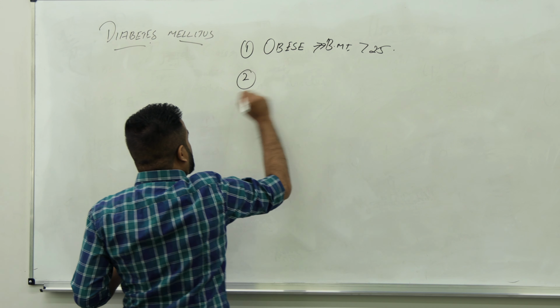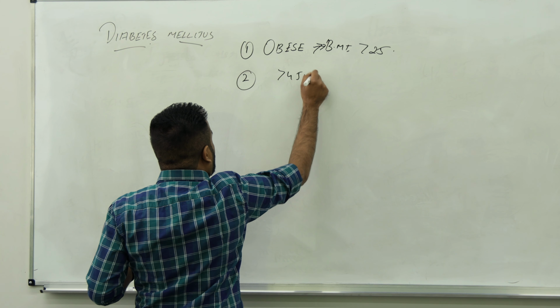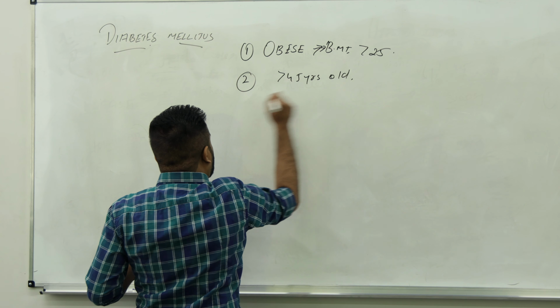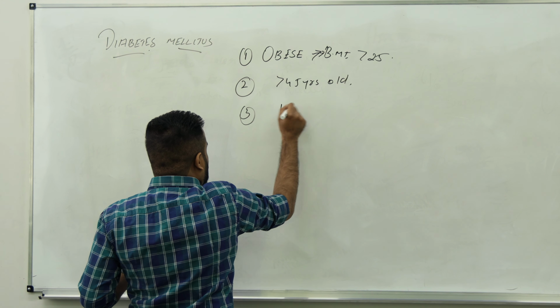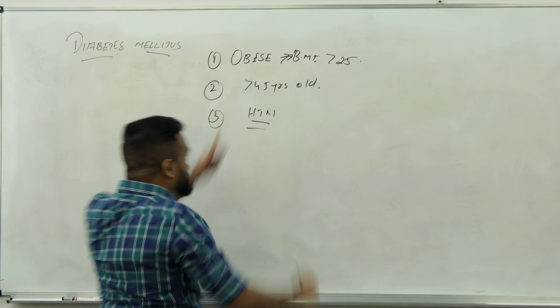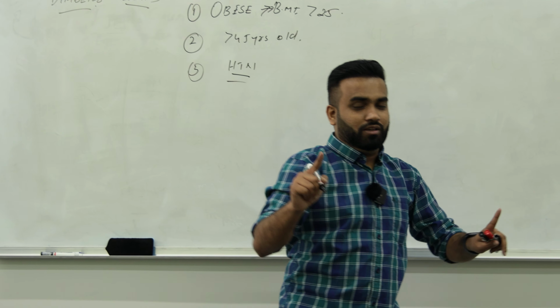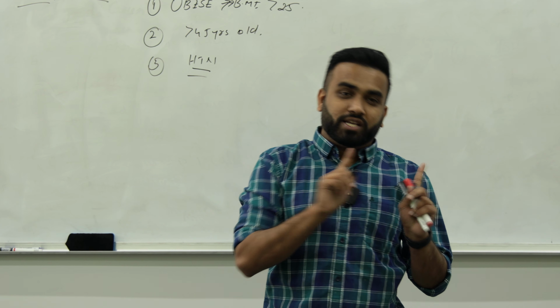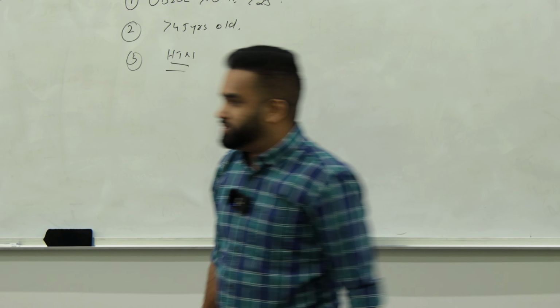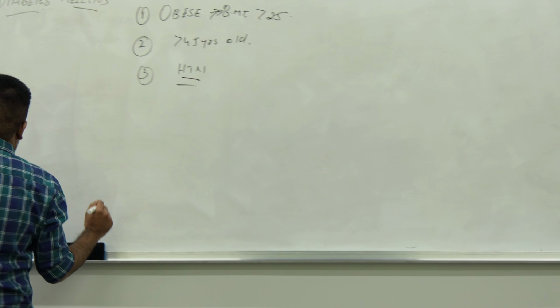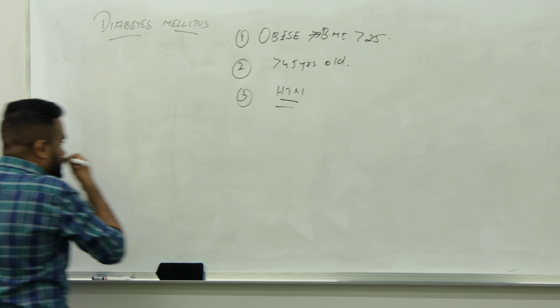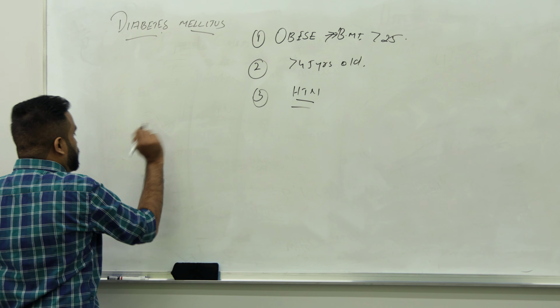Or the patient is more than 45 years old. Or has other comorbidities, like the patient already has hypertension. There is a risk. I am not saying they will surely be diabetic, but there is a risk they can have diabetes.